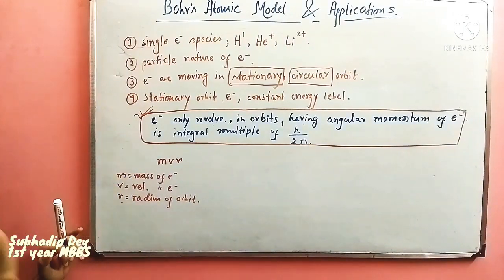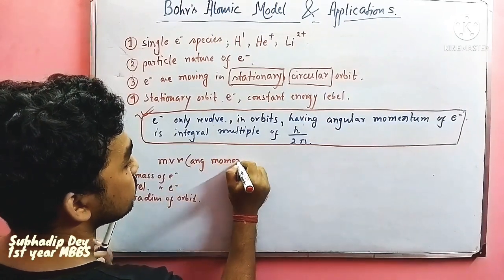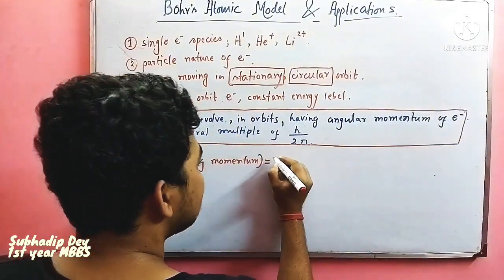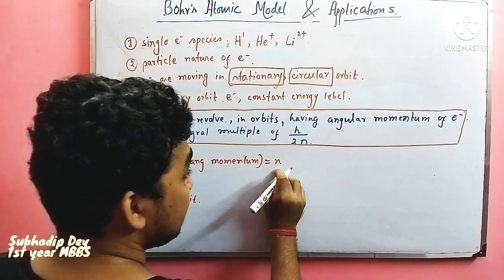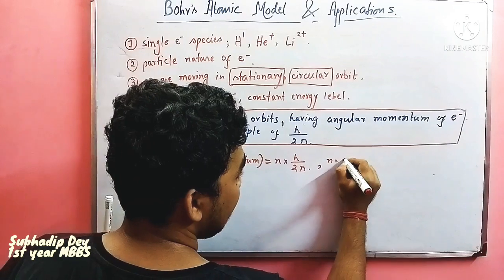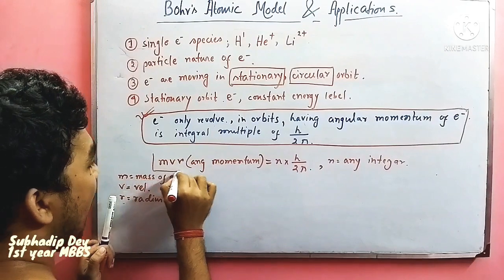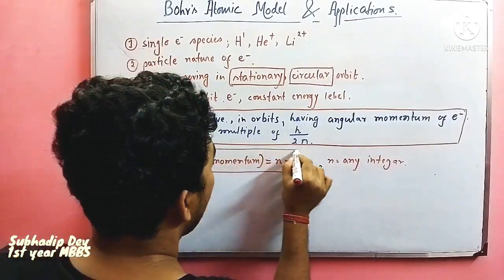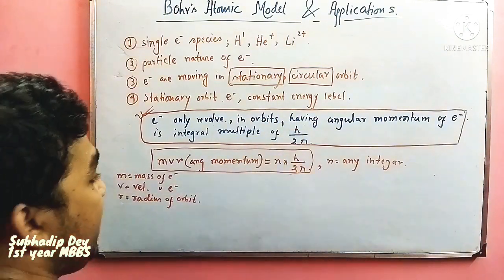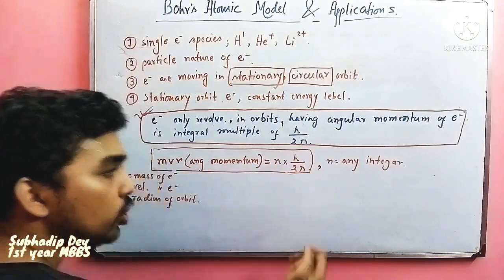This angular momentum is equal to an integral multiple, let n be any integer, that is n into h by 2 pi. This gives the idea of Bohr's atomic model and Bohr's concept of stationary specified orbits. So mvr equals nh by 2 pi.